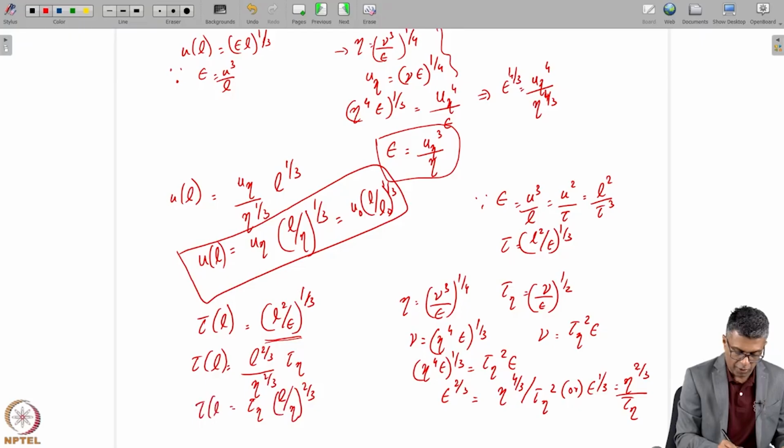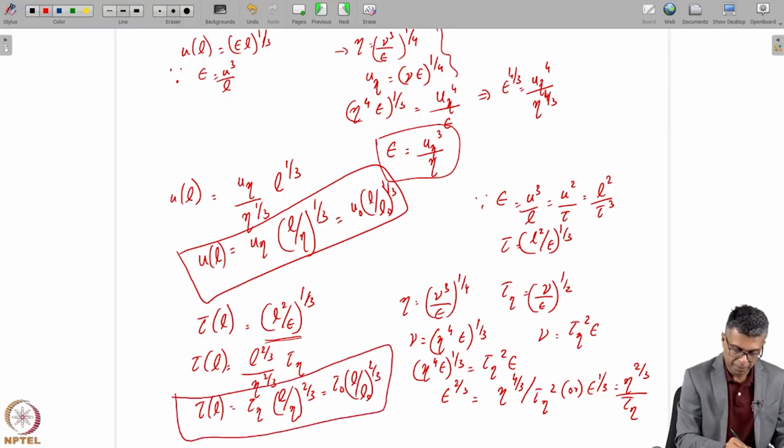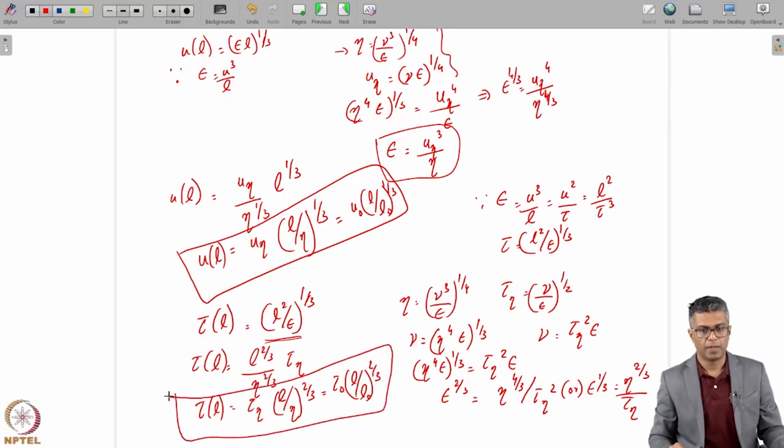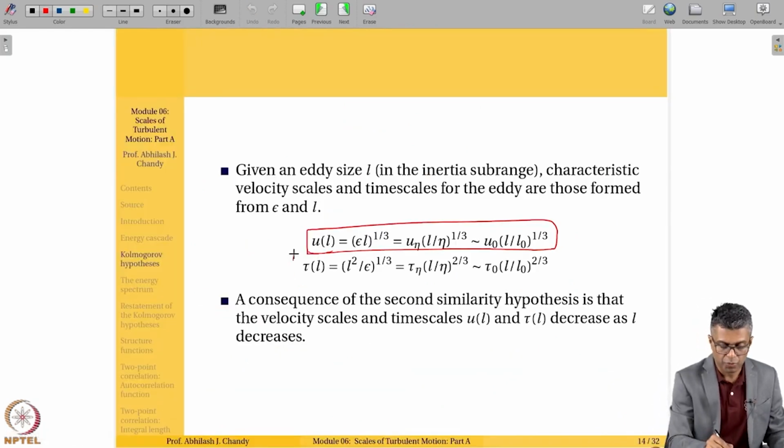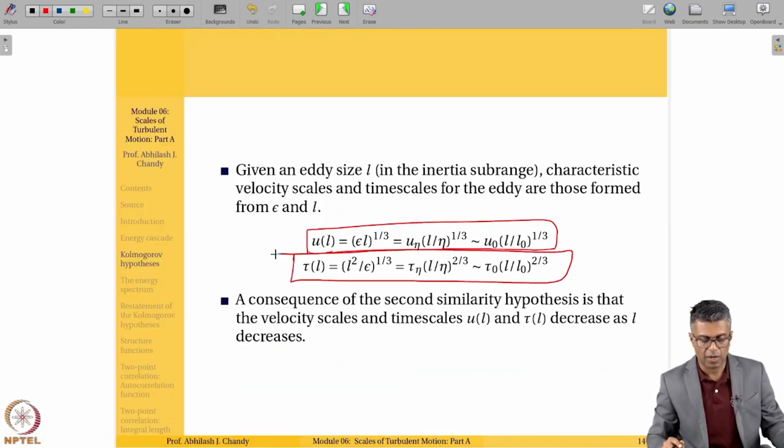So this is your tau L, which is also equal to tau 0, L over L0 to the 2/3 by similarity. This is my second equation: tau L is tau eta times L over eta to the 2/3, which is also equal to tau 0, L over L0 to the 2/3.